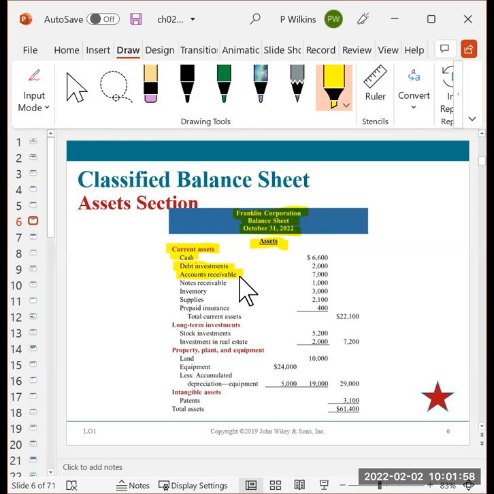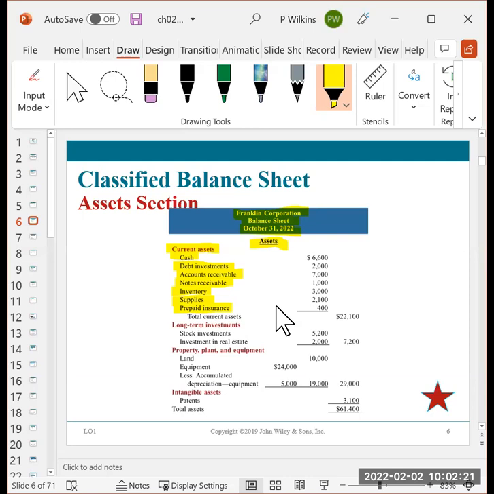The next account would be notes receivable. The next account would be inventory. The next account would be supplies. And then the next account would be prepaid insurance. And that would be the order that you would list those in.